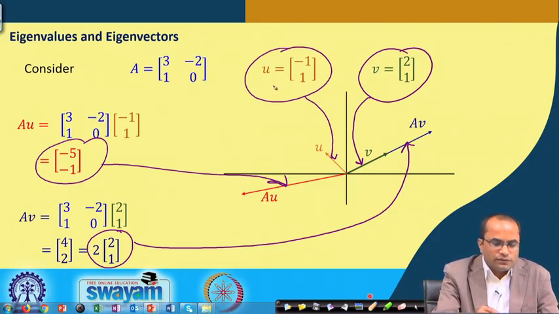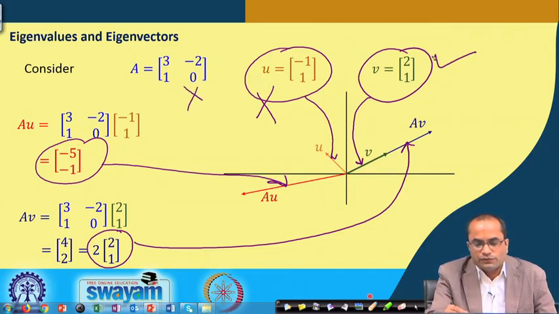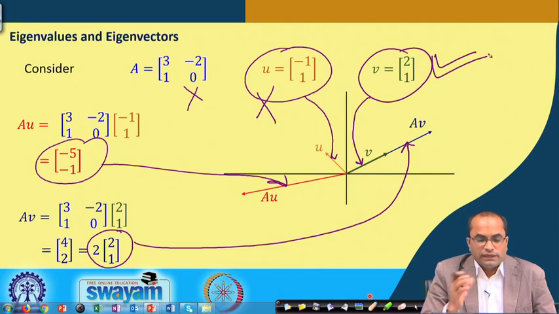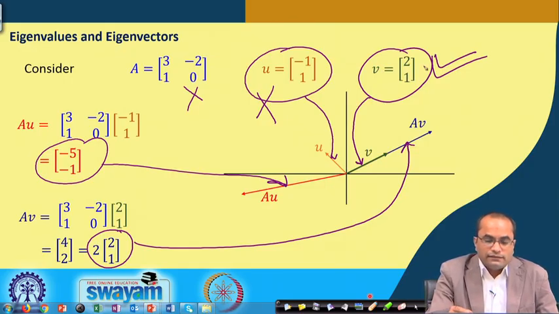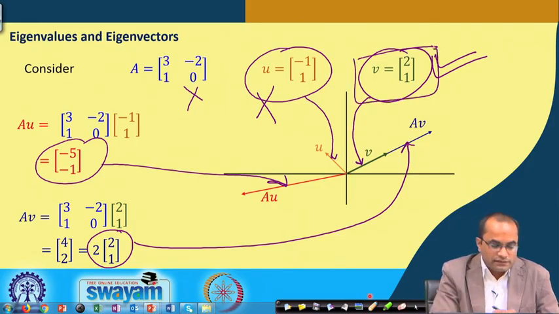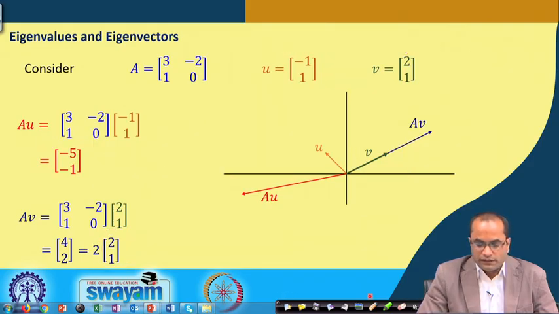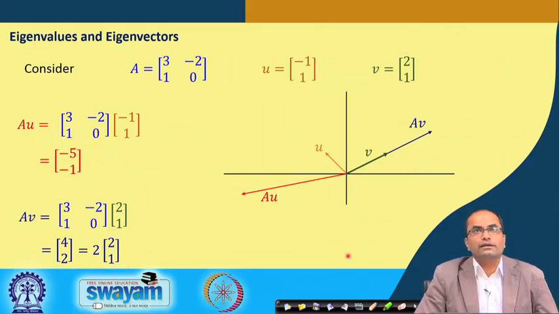Our interest is for such vectors whose multiplication with the matrix does not change their direction, so that the result is parallel to the original vector v. These are called eigenvectors, and the number which has come here will be called the eigenvalue. That is the topic of today's lecture, and we will go a little more into the detail now about these eigenvalues and eigenvectors.